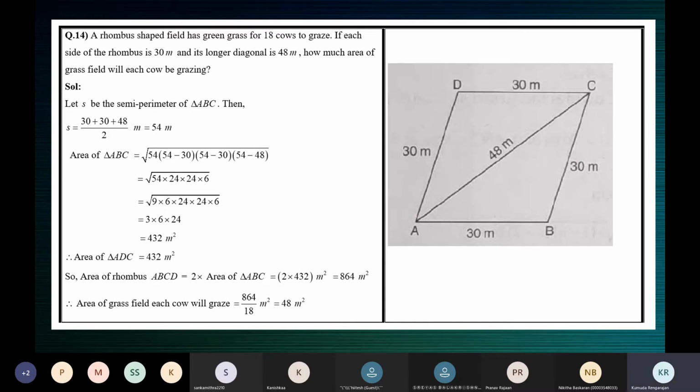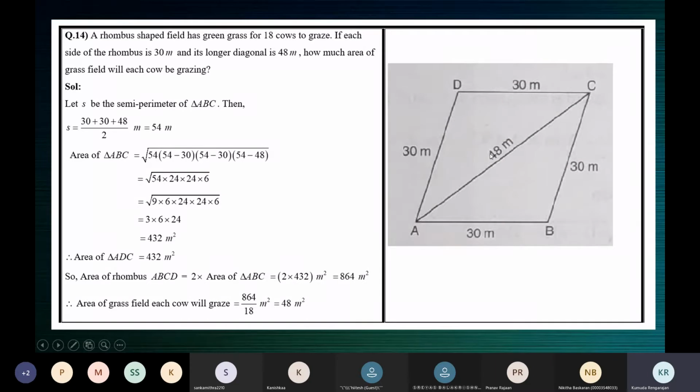This field is in the shape of a rhombus. The length of the diagonal is given to you to help you find the area of the two triangles. We know in a rhombus all the sides are equal, so 30 everywhere, and the diagonal is 48.